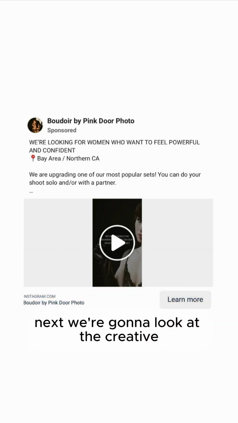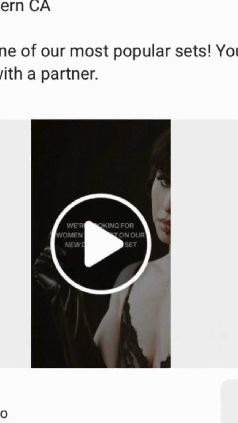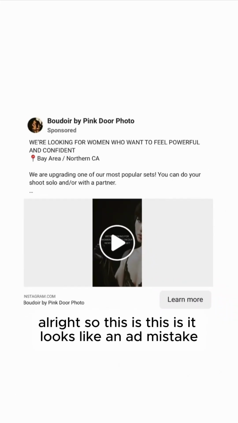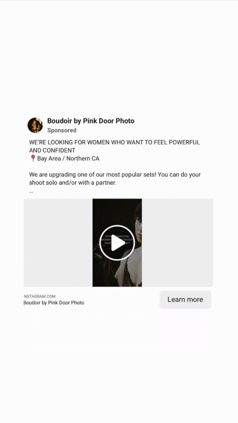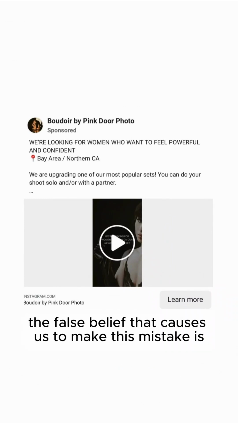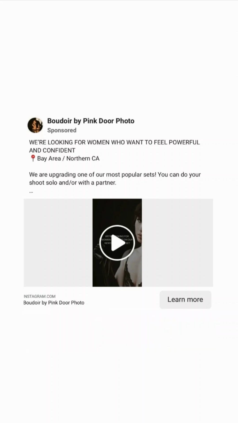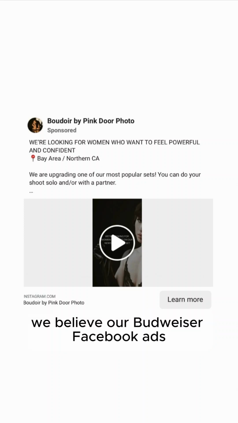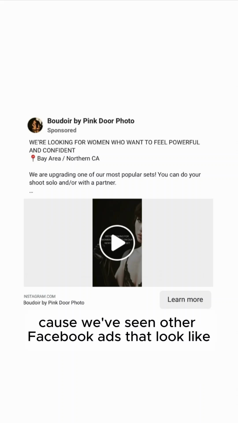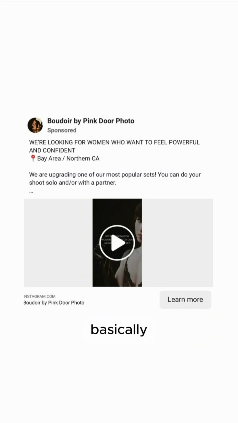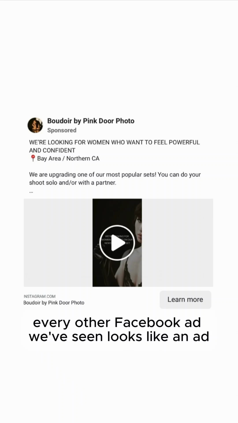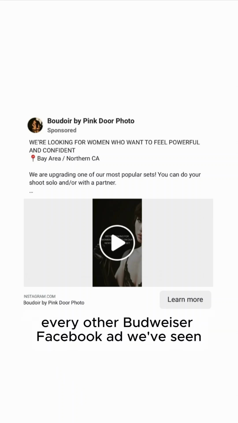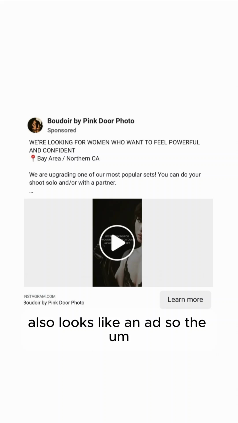All right, next we're going to look at the creative. All right, so this looks like an ad mistake. The false belief that caused us to make this mistake is we believe our boudoir Facebook ads should look like ads because we've seen other Facebook ads that look like ads. Basically every other Facebook ad we've seen looks like an ad, and basically every other boudoir Facebook ad we've seen also looks like an ad.